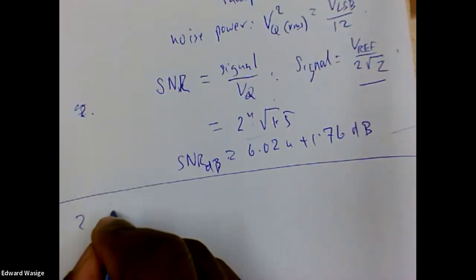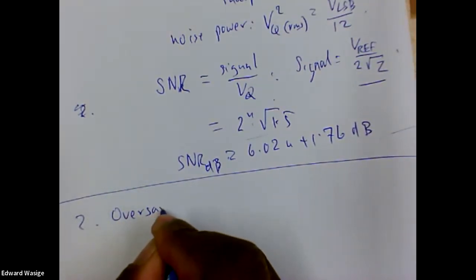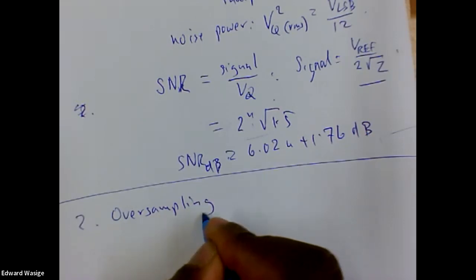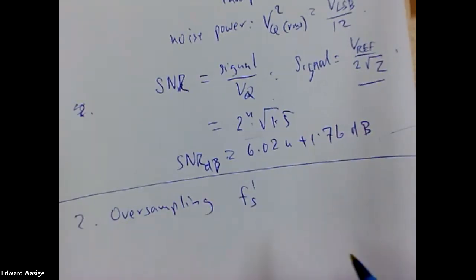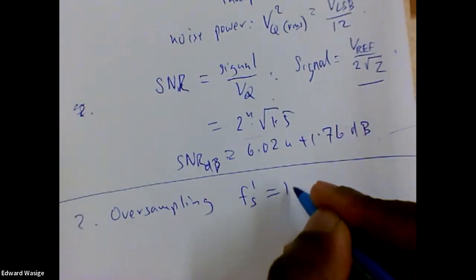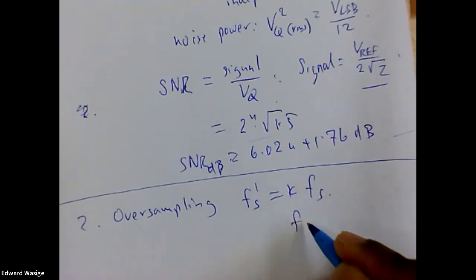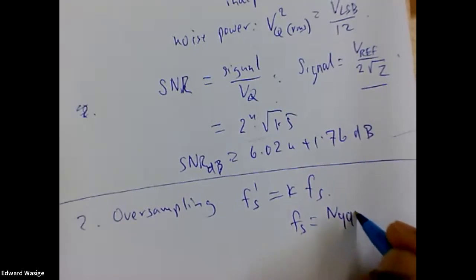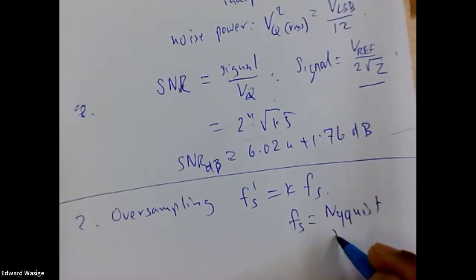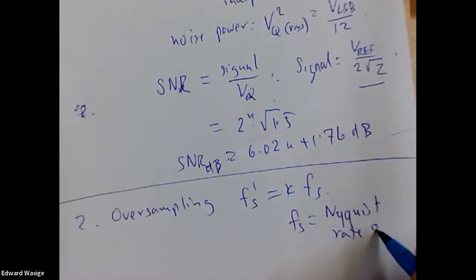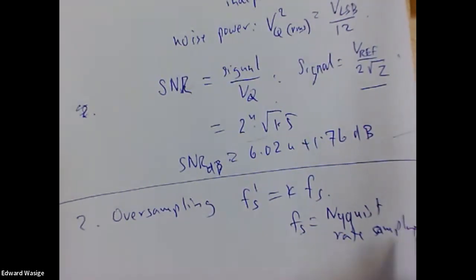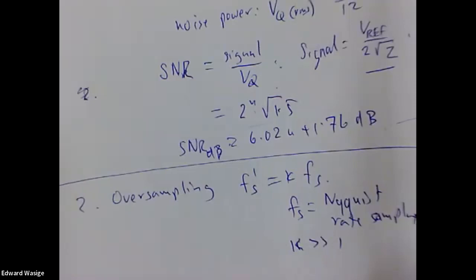Then we looked at oversampling, where your sampling frequency is K times Fs, where Fs is the Nyquist rate sampling, and K is much greater than 1.